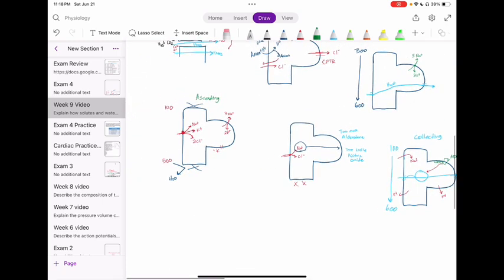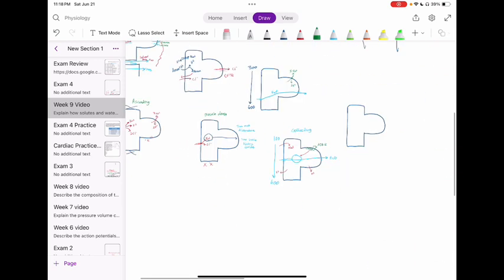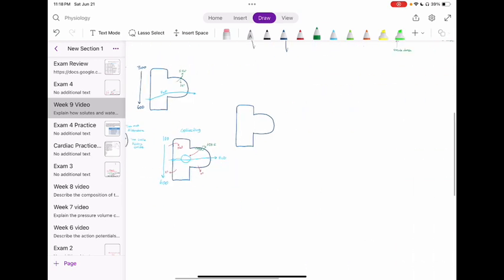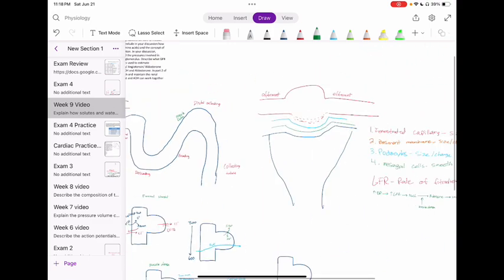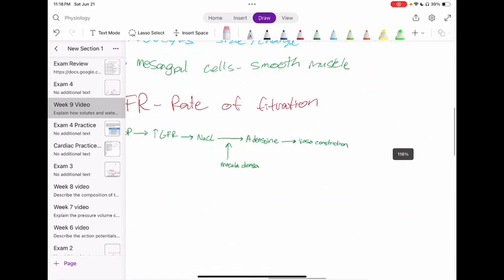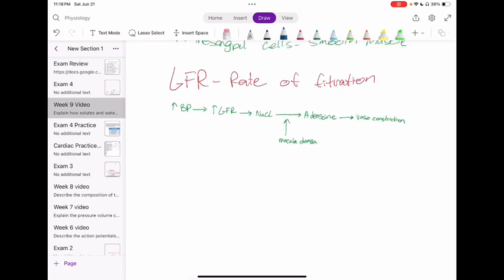So when I drew here, right, this is actually the macula densa. I know I said that it was the distal collecting tubule, but I just drew those in the same thing because they are within the same realm. So we have it the complete opposite way here.